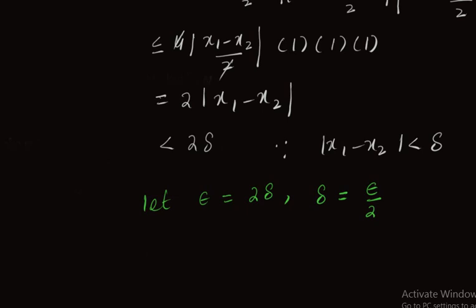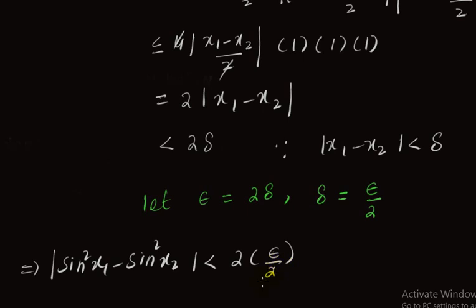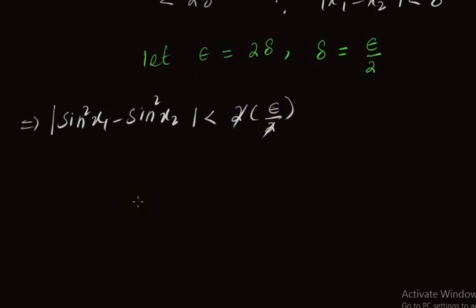This is less than 2 times delta, and as the value of delta is epsilon by 2, it gives us mod of sine square x1 minus sine square x2 is less than epsilon.